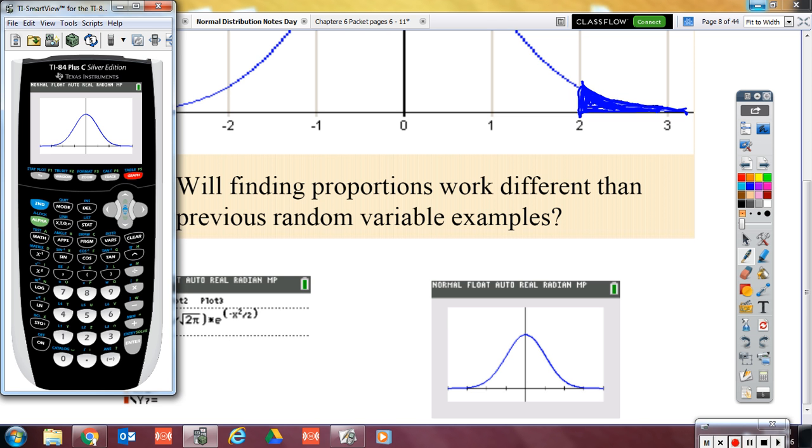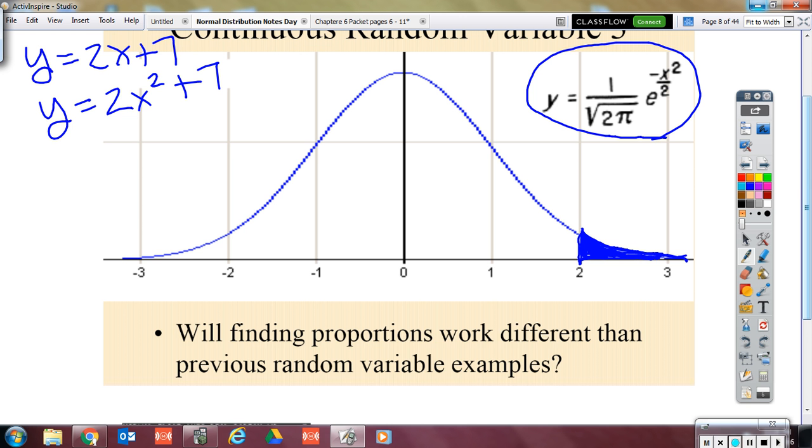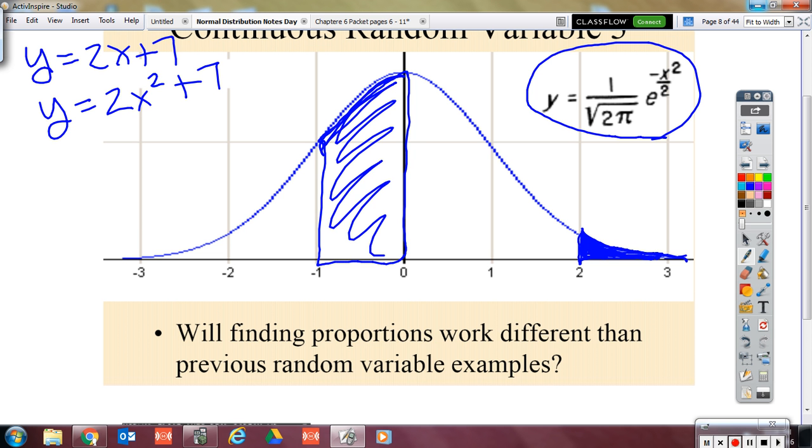What our calculator will do for us is give us these shapes that are not square, that are not rectangular. We might want to know what this shape is here. This is a curve, and finding that area actually comes from using calculus. You would take the integral, and that's something you don't even need to know about.